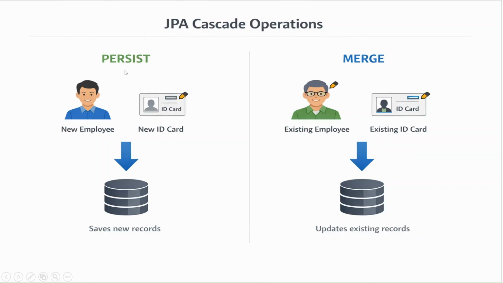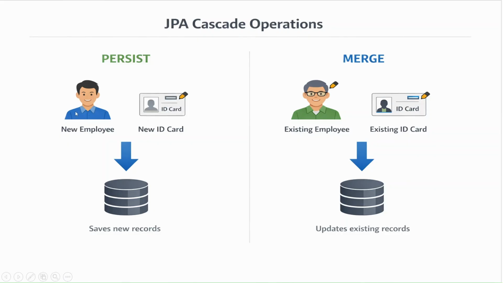Persist is useful when you are trying to save a new employee or a new ID card. When you save a new entity, in that case cascade type persist is useful. But when your data is already available in the database and you are updating existing records or an existing entity, in that case merge is useful.